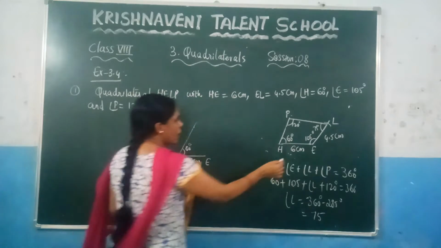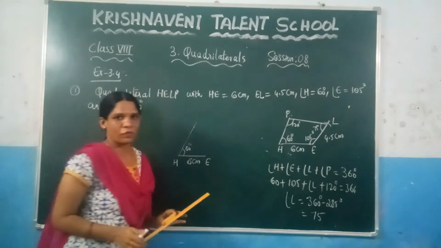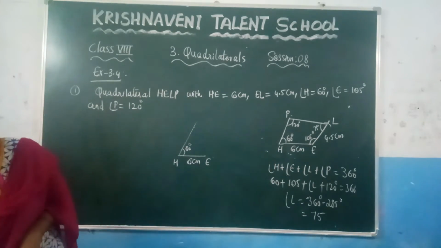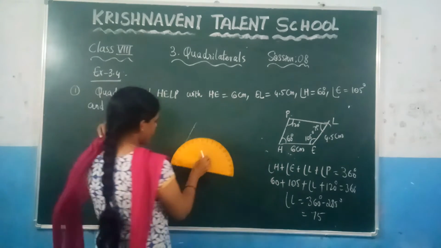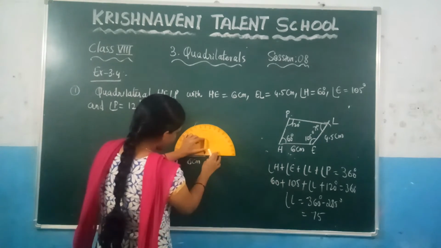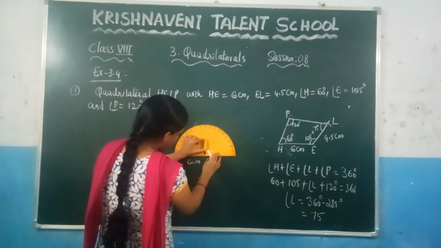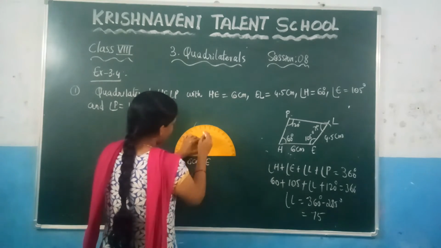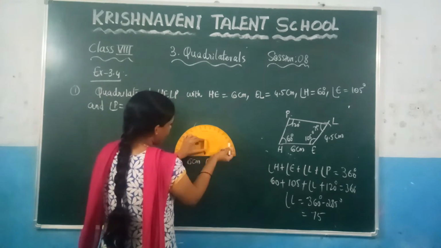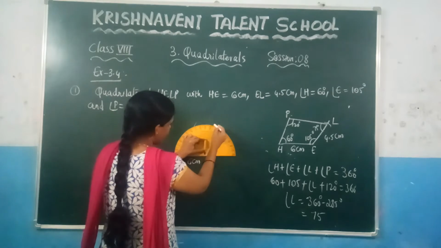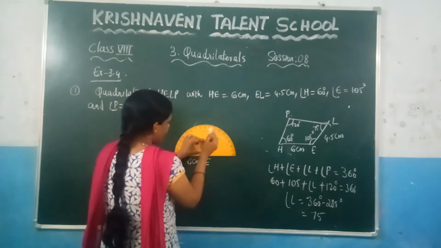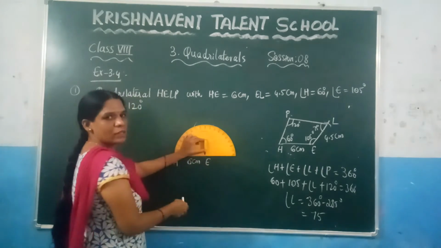Again here at E, draw an angle of 105 degrees. So here again with the help of the protractor, keep it here at point E, and where is 105? You can observe that here this is 90, this is 100, and this is 105. Here this straight line is nothing but 90.